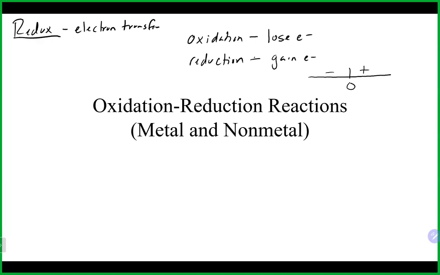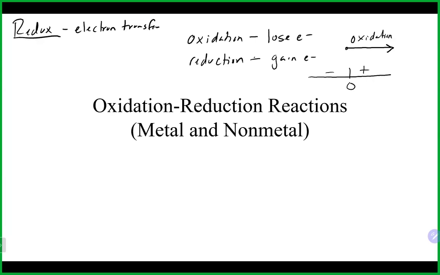If you look at the oxidation state or charge of an element on the left-hand side of the arrow and compare it to what is happening on the right-hand side, and if it is moving in the positive direction, then that substance is going through oxidation. Because when you lose electrons, you now have more protons than electrons, so you become more positive.